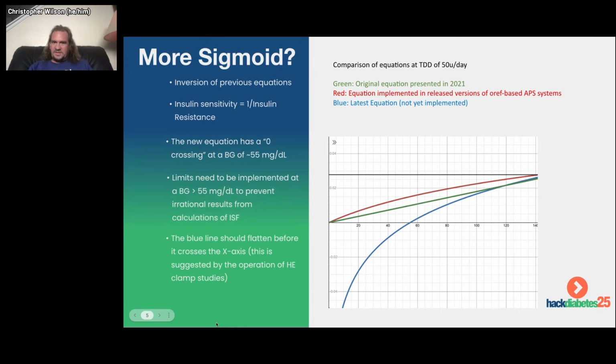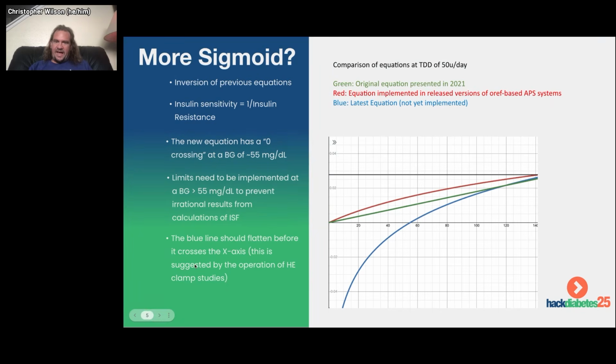Here's sort of the reasoning, and this is a zoom in if we flip the equation over. So this is 1 over all of the original equations. You can see that the blue line, which is what I'm proposing, crosses 0. And just for reference, the heavy black line there that you see is the 1800 rule if you're using a static ISF in your system. But the blue line where it crosses the x-axis or the y-axis, sorry, that would be a hard limit.